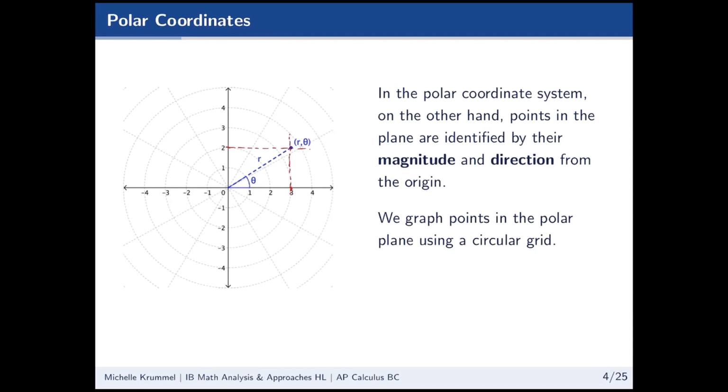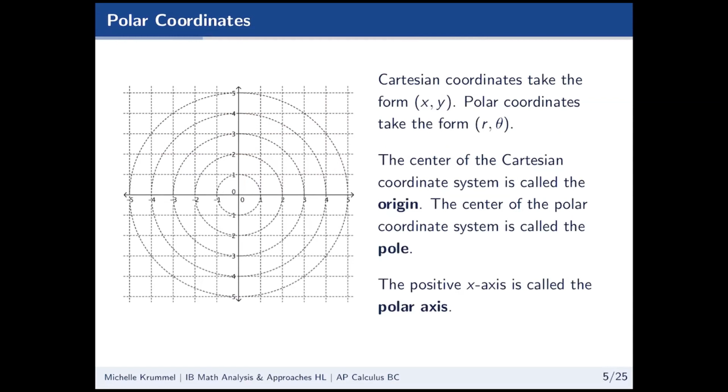So every point can be represented in Cartesian form with coordinates x, comma, y, or in polar form with coordinates r, comma, theta. And here we see these two coordinate grids superimposed one on top of the other. So again, the point that we were just looking at was, in the rectangular system, the point with coordinates 3, comma, 2.